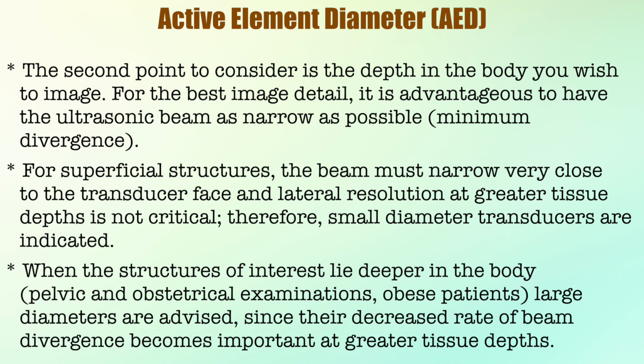Therefore, small diameter transducers are indicated. When the structures of interest lie deeper in the body, for example pelvic and obstetrical examinations, obese patients, large diameters are advised, since their decreased rate of beam divergence becomes important at greater tissue depths.